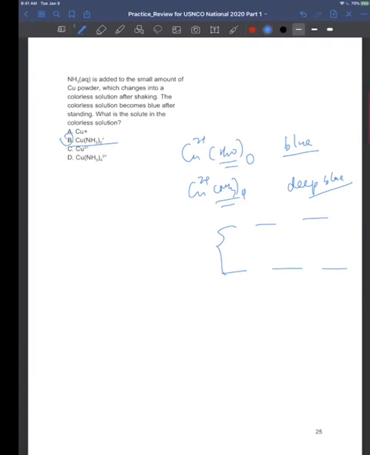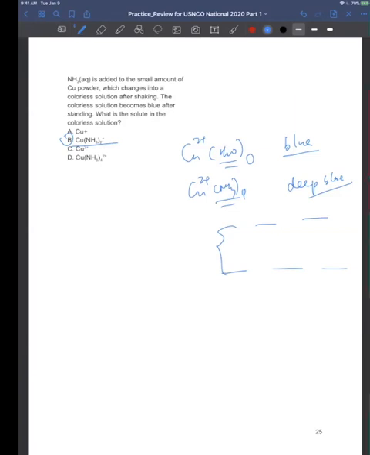So I'm assuming you guys are done. So what is the oxidizing agent in the second step? Because obviously the copper 1 plus is oxidized into copper 2 plus, right? So what might be a reasonable oxidizing agent in the second step? No response?